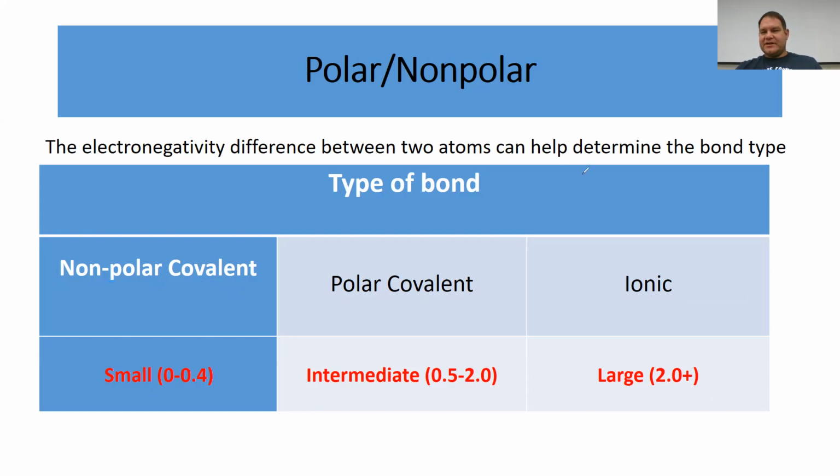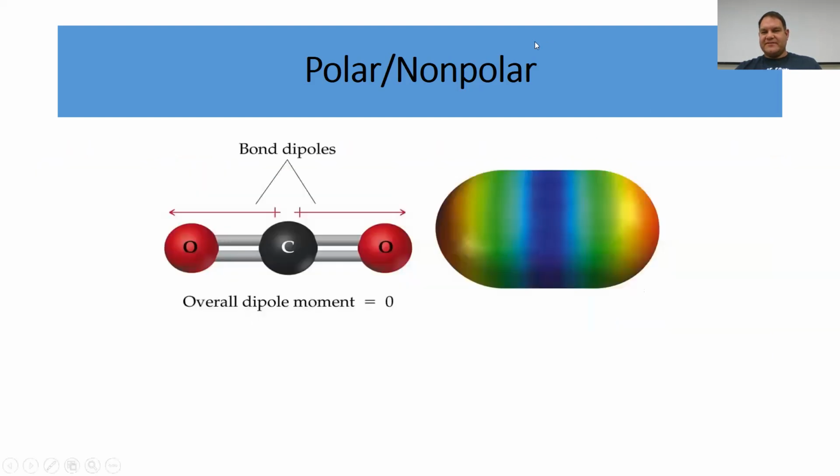All right, so now what we're going to do is get into more of our topic at hand that we really want to focus on, and that is determining if a molecule overall is polar or nonpolar.